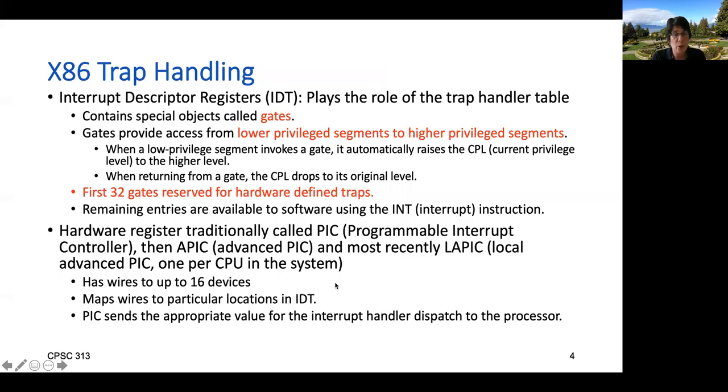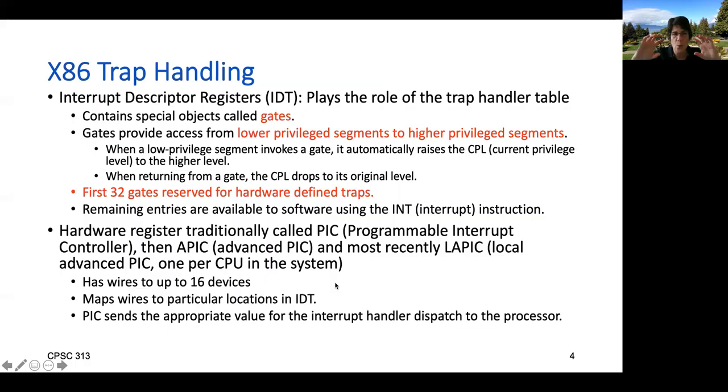We're going to allow going through a gate to let us go from a lower privilege segment, i.e. your application which runs unprivileged was running, and we're going to use the gate to let you suddenly be executing in a higher privileged process, segments which we hopefully have talked about already in class.